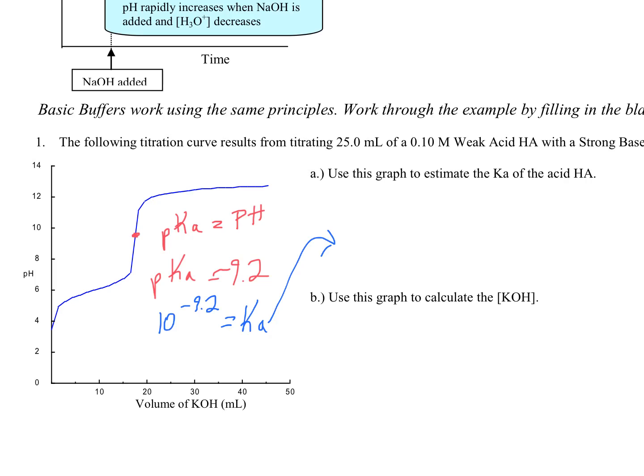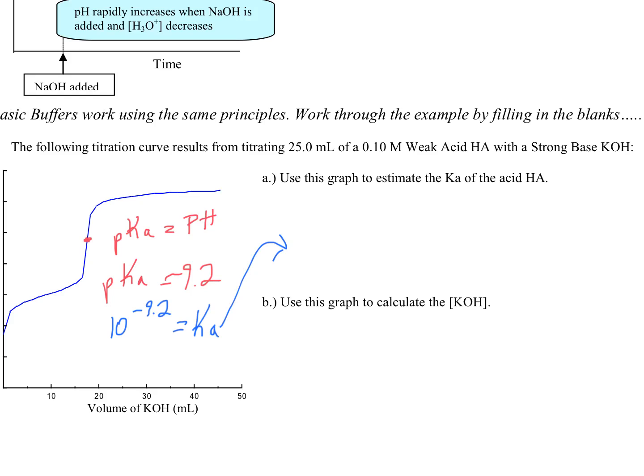Now we can also use this graph to calculate the concentration of KOH. We know from our standard that we use 25 milliliters of 0.1 molar weak acid, which in moles would be 0.1 times 0.025.